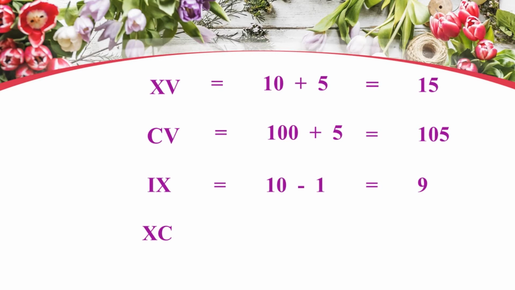X, C. Here X value is 10, C value is 100. Here also smaller number next to larger number, so we subtract 10 from 100. Therefore 100 minus 10 equals 90.